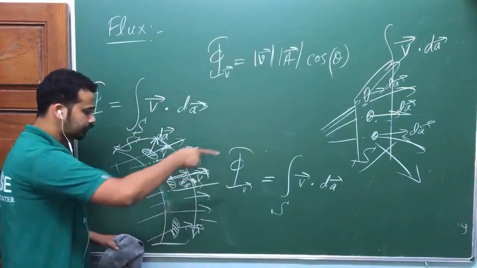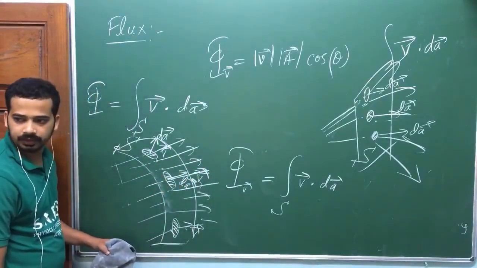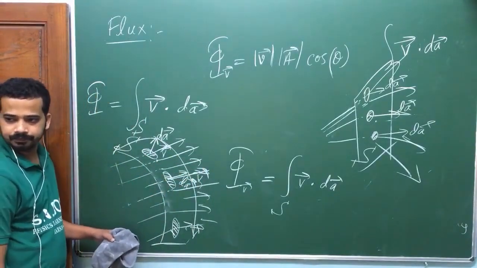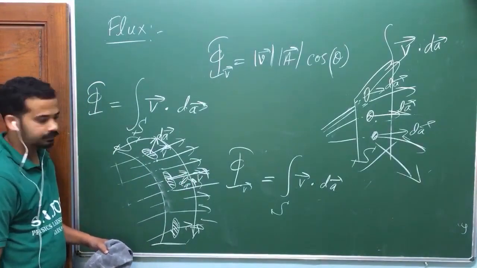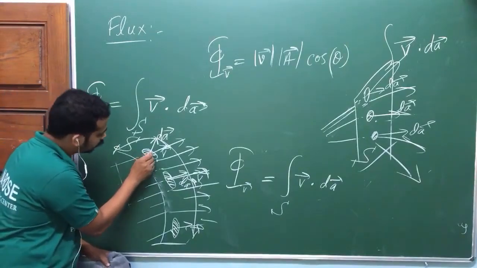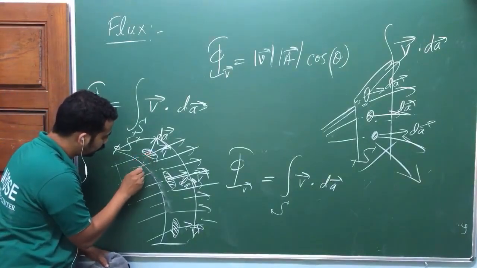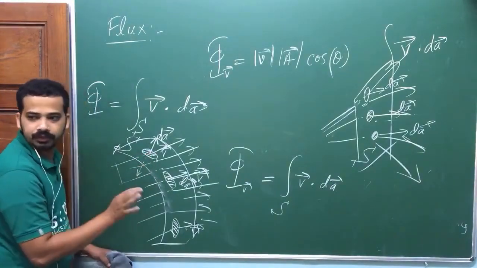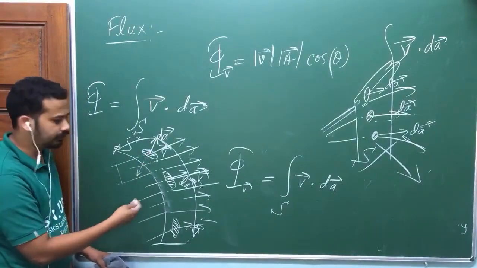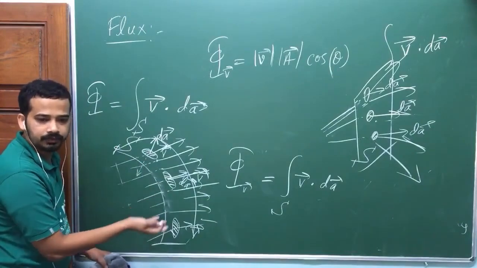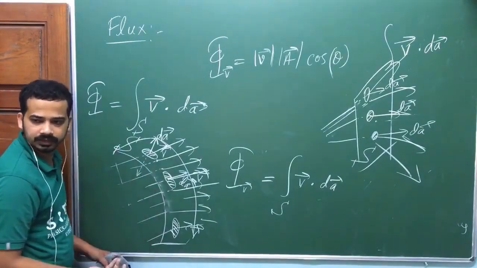The area vector is almost along the same direction as the vector field. But sir, if I take the curved area in the opposite direction? Yes, you are always allowed to choose this dA vector like this. That's your choice. Then the angle will be different, and again you may get the opposite flux, I mean negative flux. That's it.